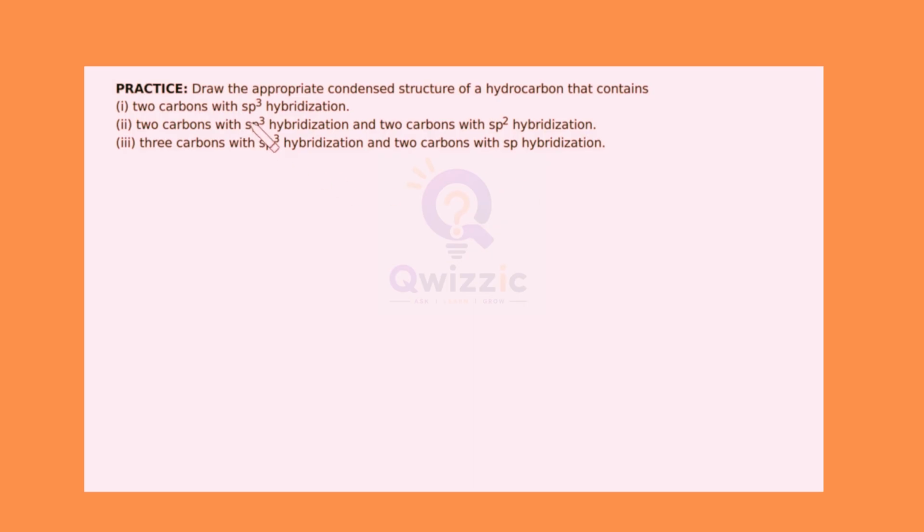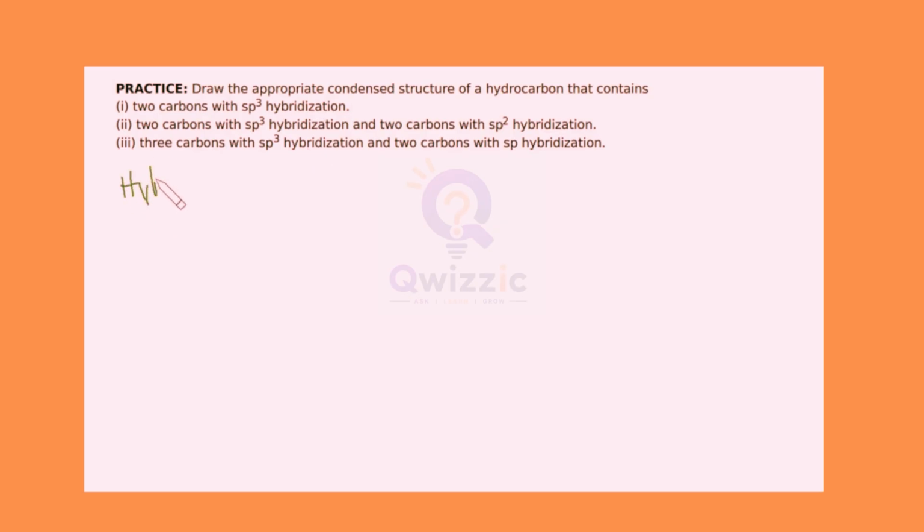So we're looking at the different types of hybridization, and we basically have to know how many bonds are going to be bonded to that type of carbon with a certain type of hybridization, right? Because if we want to determine the appropriate condensed structure, we need to know how many hydrogens each carbon should have.